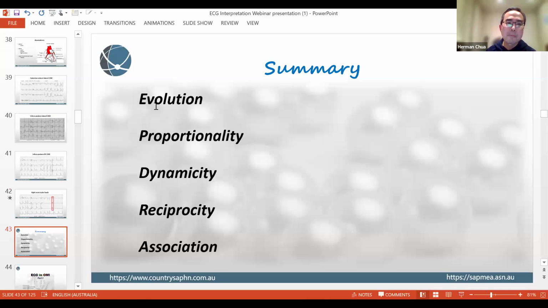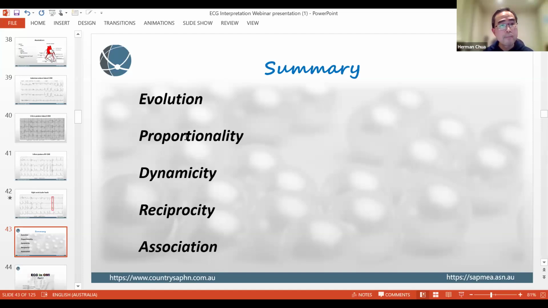So that's something important that's not highlighted by the current paradigm, this current paradigm of ST elevation myocardial infarction or STEMI paradigm, okay? The second concept is the concept of proportionality, where we talked about the fact that ST elevation that you see is in proportion to the height of the QRS.